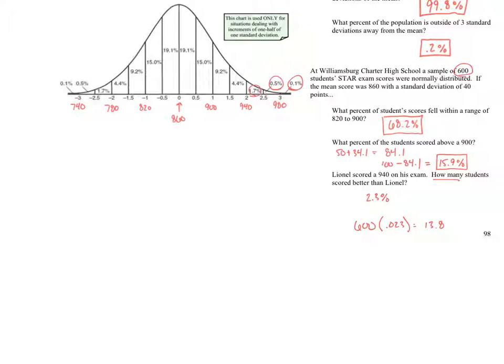This is a very, very accurate estimate of how many students probably scored above Lionel in this particular sample. I'm not going to say 13.8. I'm going to say the number that is closest to the number we got that makes any sense at all, right? I'm not going to say 13 because 14 is a much closer number to the exact number I got. So I would say approximately 14 students.